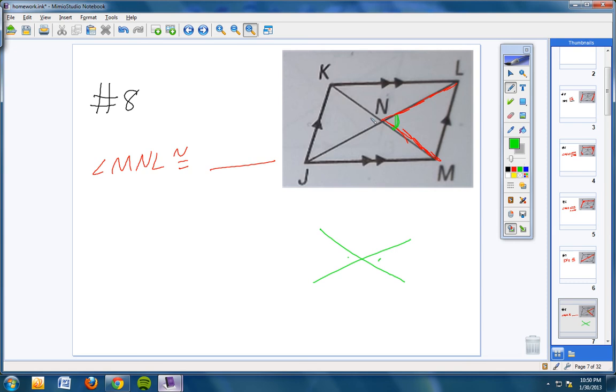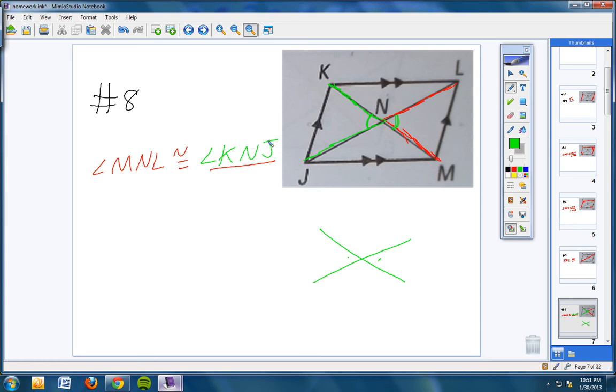So this angle here is congruent to this angle right here. They're across from each other. You didn't learn that yesterday. You learned that probably last semester with your other geometry class. So what is this angle here called? Well, it's called angle KNJ or JNK. However you want to say it, that's up to you.